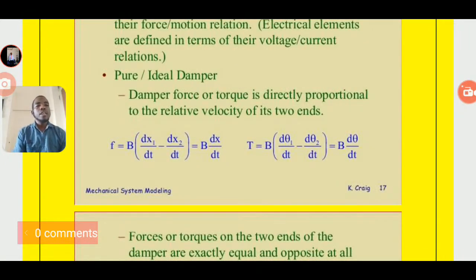When the force or torque increases, the velocity also increases. This is the direct proportional relationship between damper force or torque and velocity.